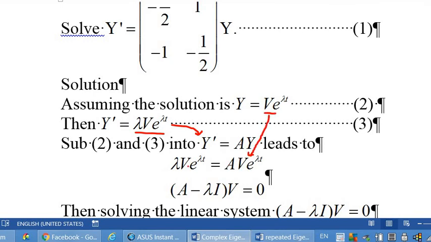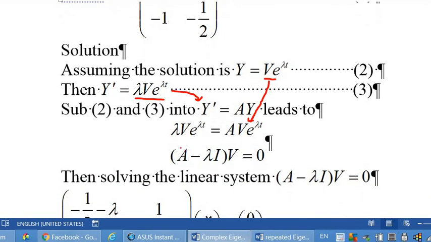Once we get lambda v e to the power lambda t equal to Av e to the power lambda t, again it comes to the homogeneous system, A minus lambda I, because we are in the matrix. Lambda is a constant, so we have to multiply lambda by the identity matrix I, times v, where v is the eigenvector, equal to 0.